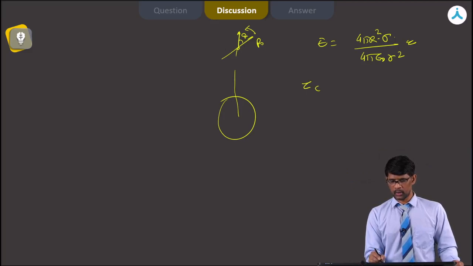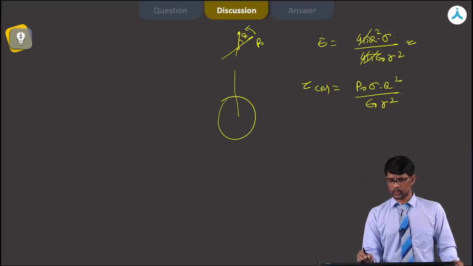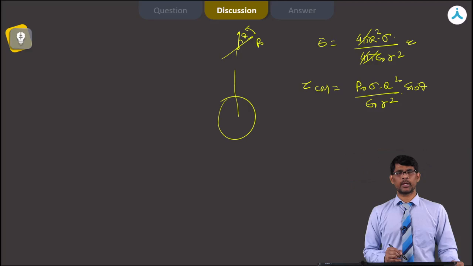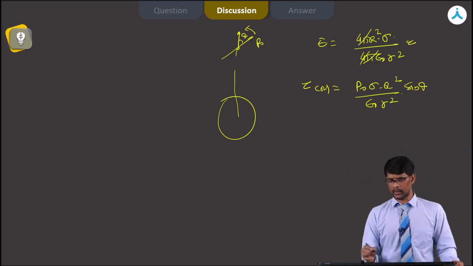So I would say the restoring torque will be P naught E, which will have the value, with 4 pi cancelling out, P naught sigma R square divided by epsilon naught r square into sine theta. If theta is small, we can take this value to be theta itself. It must be equal to moment of inertia into angular acceleration alpha.